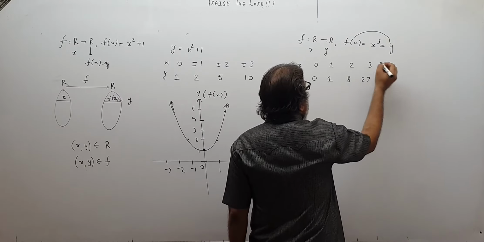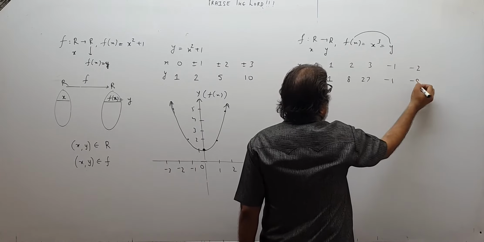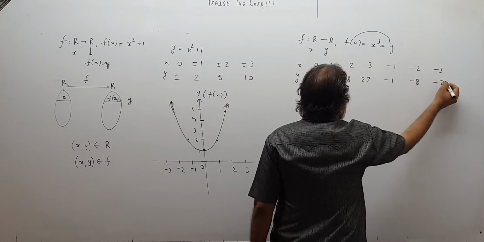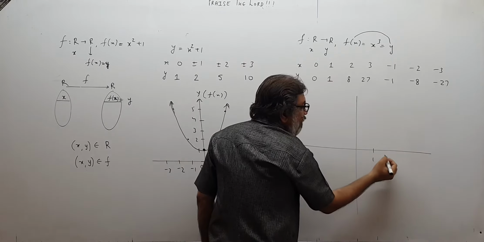When x is minus 1, cube is minus 1. When minus 2, it will be minus 8. When minus 3, it will be minus 27. So your graph will go like this, children. Please understand, we have to only have a rough sketch.